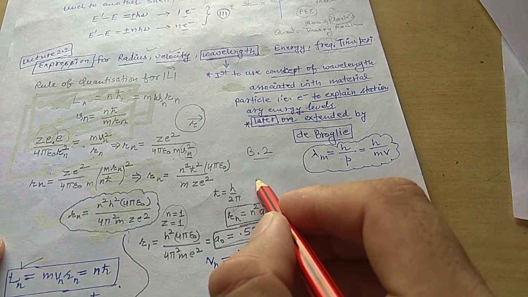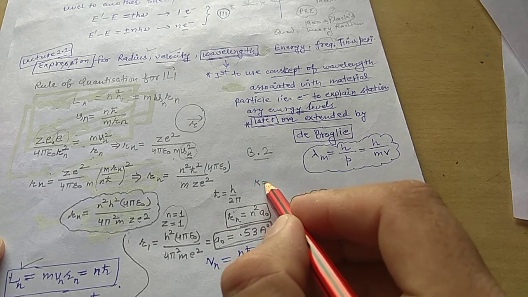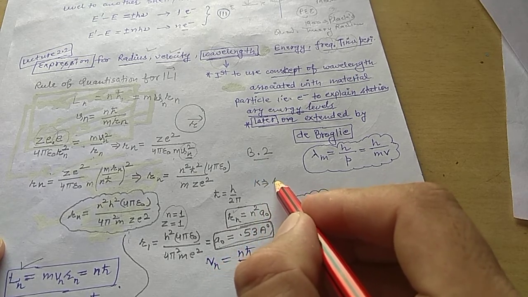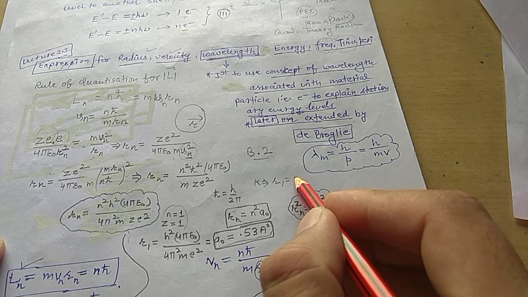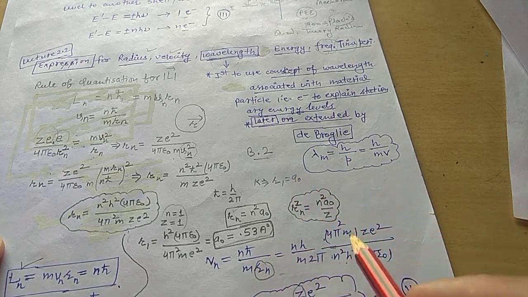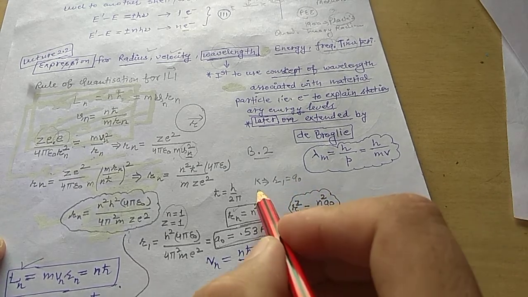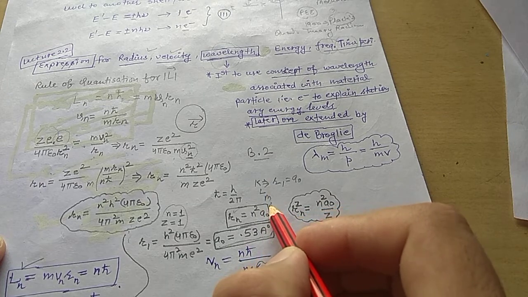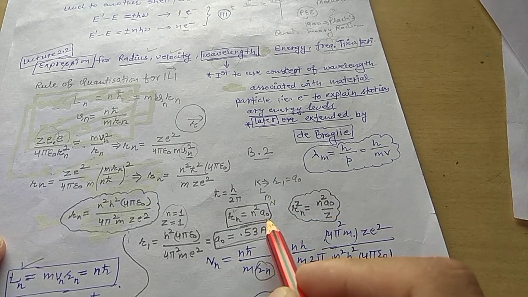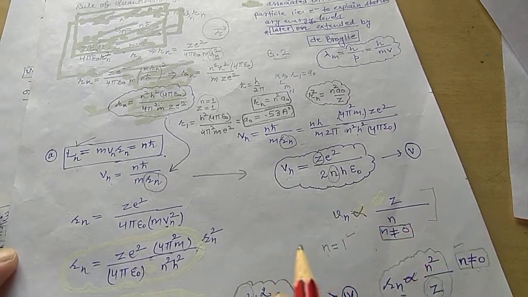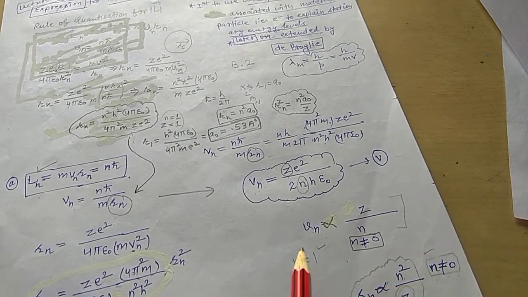For K shell, the radius is equal to the Bohr radius, and for the others, for L, M and N, the radius will be this. Now we will see what will be the velocity.